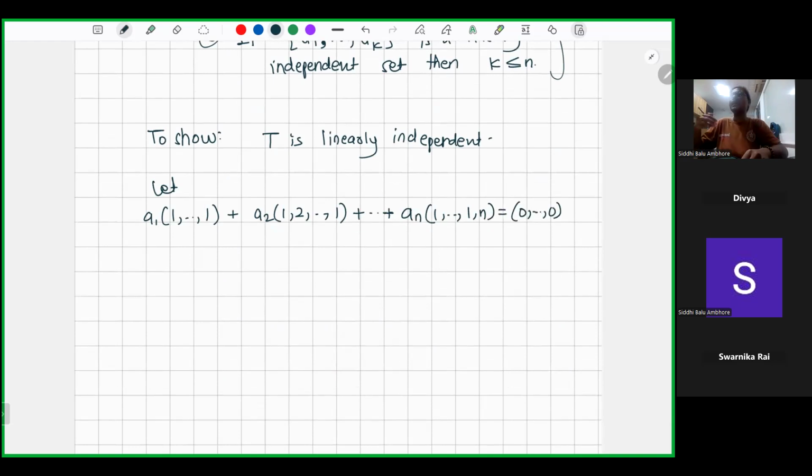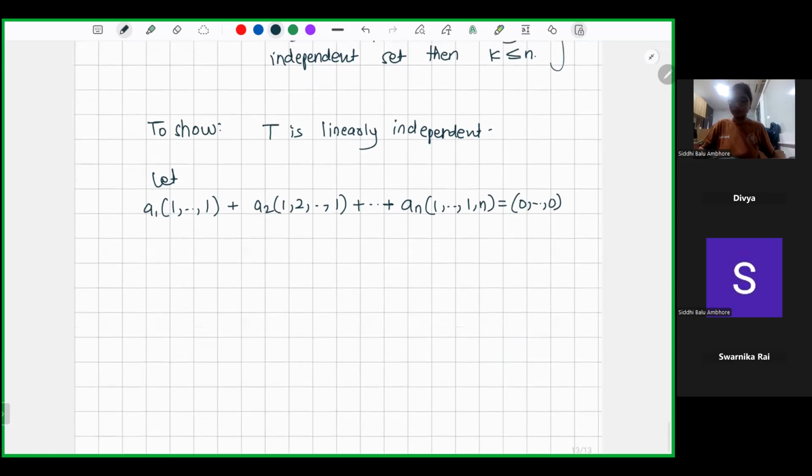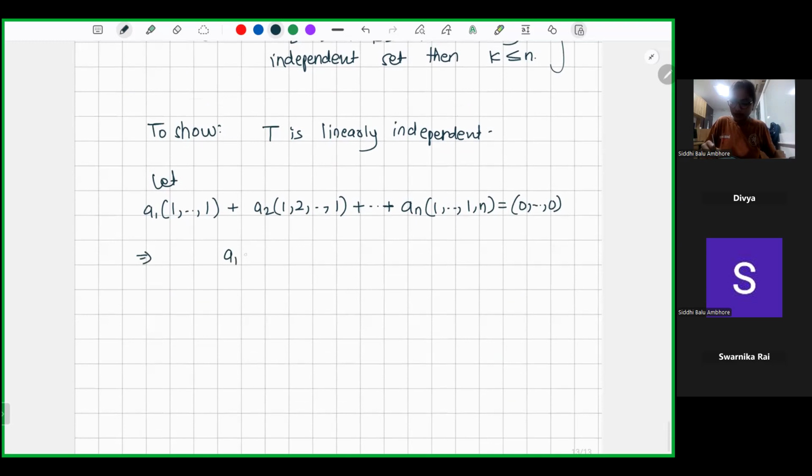We start with some linear combination and we prove that each coefficient is 0. So this will imply what? a1 plus a2 plus so on up to an, comma, second one will be a1 plus 2a2 plus an, and last term will be a1 plus a2 plus n an. This will be equal to 0, 0, 0.